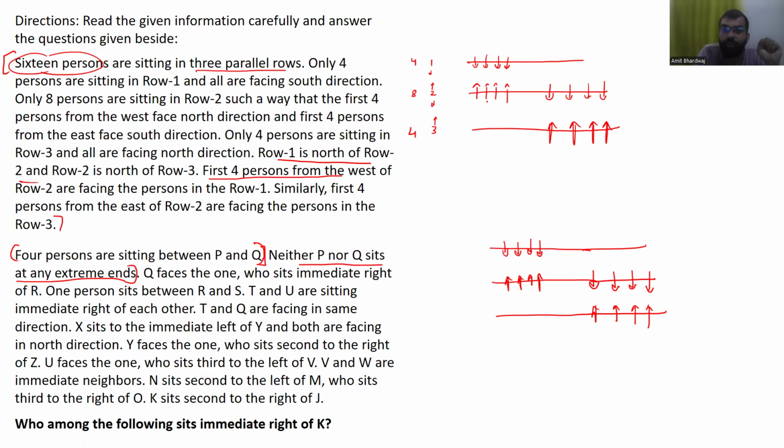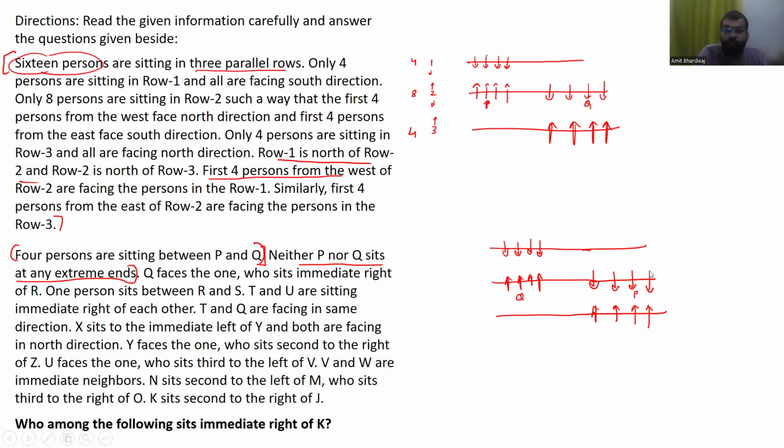If 1, 2, 3, 4, and this is P, then this should be Q. The reason I'm drawing two diagrams is so that you can analyze it. If this can be Q, this can be P, not a problem. So the best idea is to use two diagrams to visualize the thing more clearly.